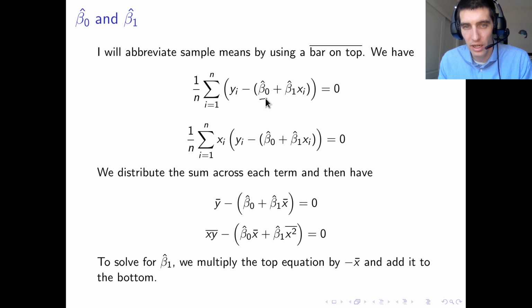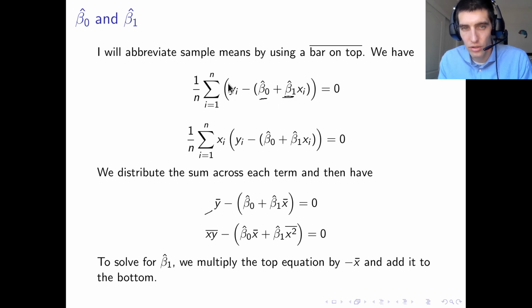These terms don't depend on i, so they can just come out of the summation. And I can do the same thing down here. Let's just start with this piece. When I distribute this sample mean to the y, I get y bar. When I distribute the sample mean to this constant, I'm taking the sample mean of something constant, so summing up this piece n times, then dividing by n, I just get that constant.